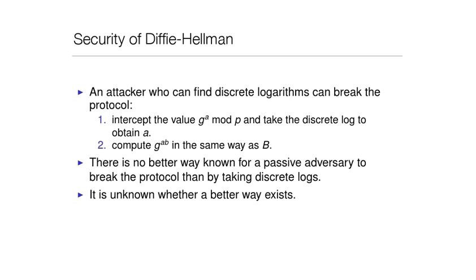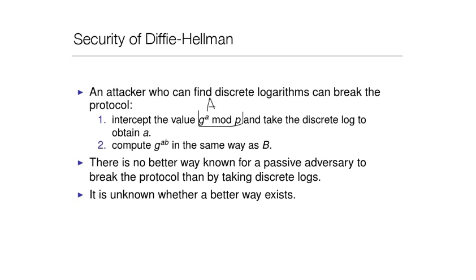An attacker who can find the discrete logarithm can break the protocol. He can intercept the value g to the power a mod p, which I called capital A, take the discrete log to obtain a, and then compute g to the power ab because he can see the capital B value in the public channel.